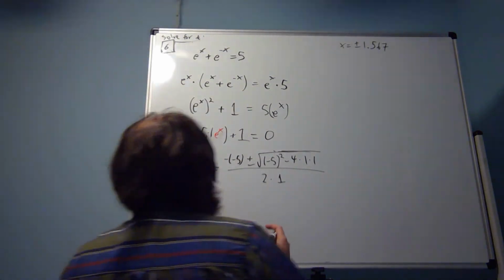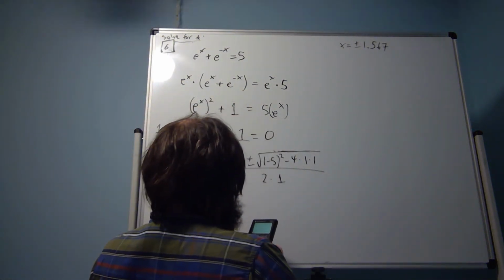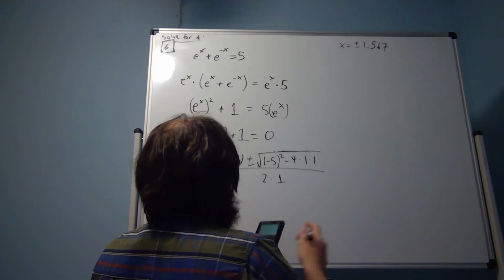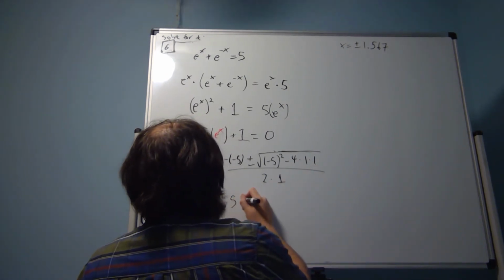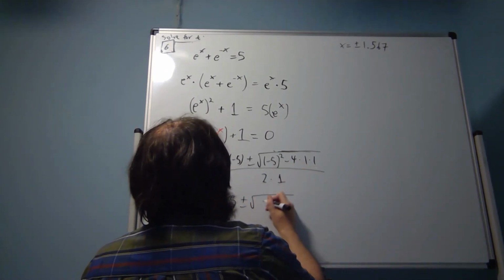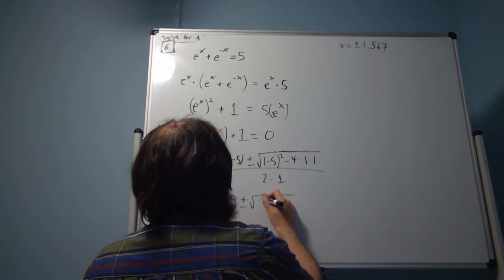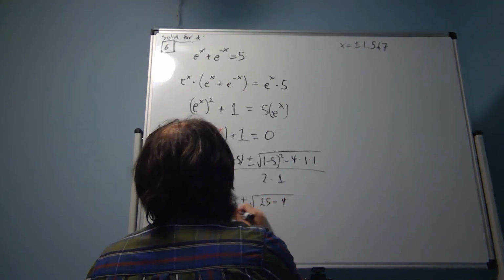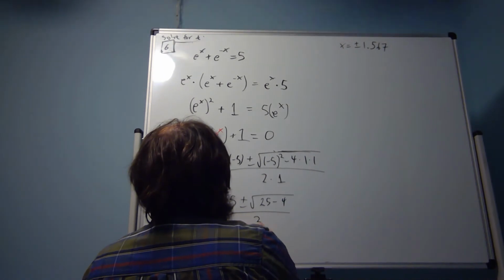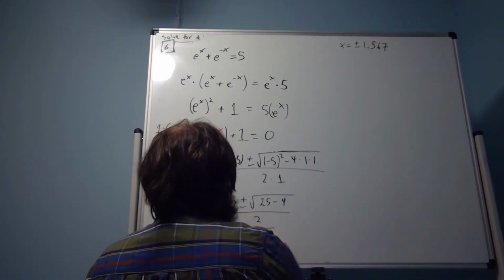All right, so we get 5 plus or minus the square root of 25 minus 4, all over 2. That's 5 plus or minus the square root of 21 all over 2.